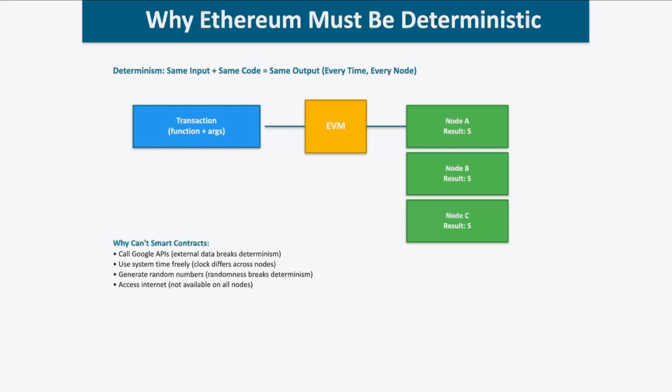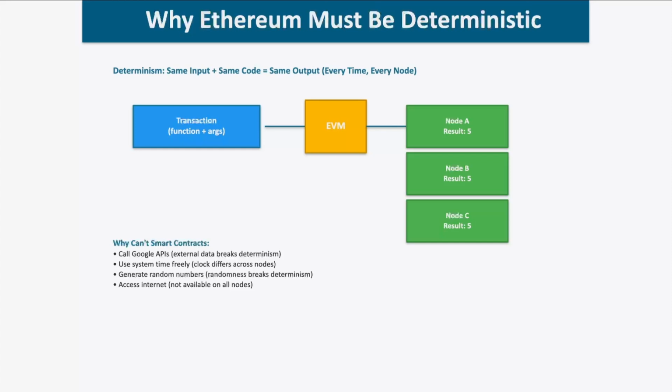Smart contracts cannot call APIs, they cannot access the internet, they cannot use the system clock, they cannot generate truly random numbers, and they cannot access any external data. Why? Because if one node had internet access and another didn't, they'd compute different results. The system would fracture.